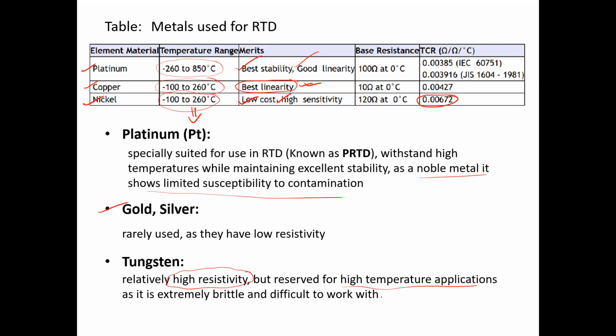But for low to medium range applications, it is not frequently used because handling tungsten is difficult because of its brittle nature. So for high temperature applications where the range is beyond the range of platinum, copper, and nickel, tungsten is a very suitable option.